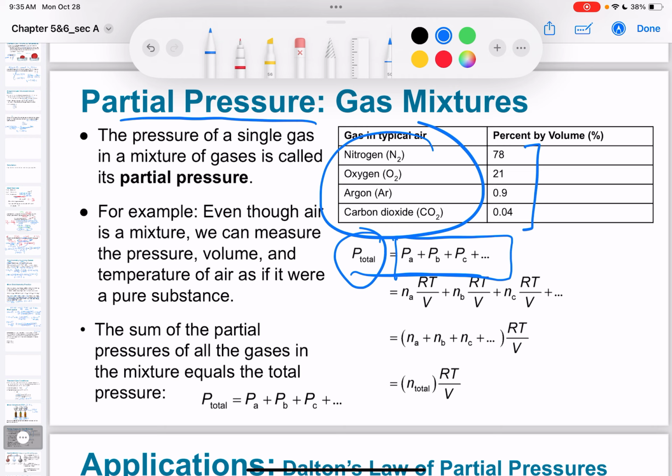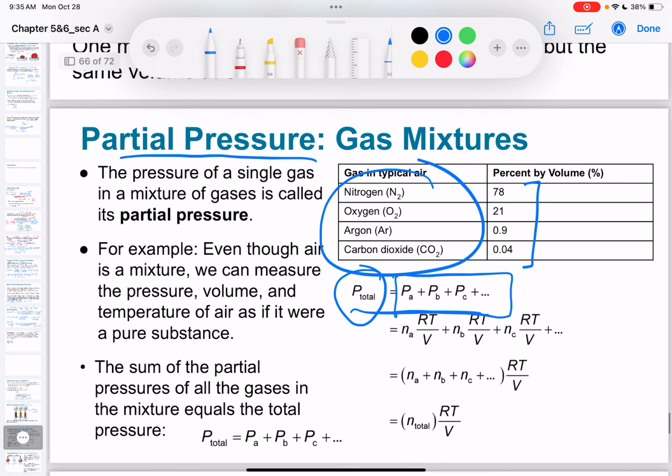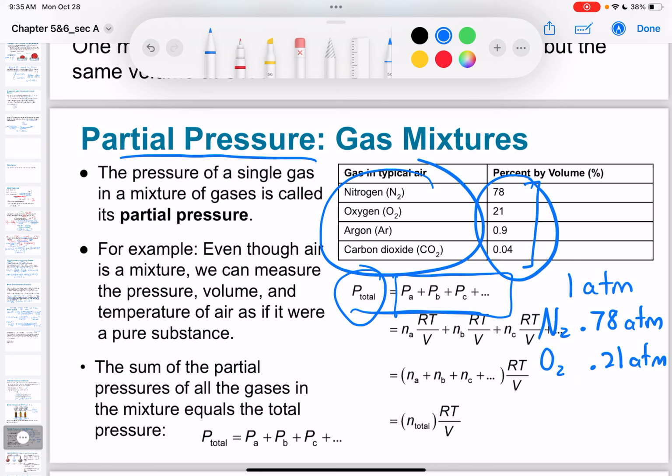Now, this one's given in percentage. Usually we're going to do that in pressure. So, for example, if we had 1 atmosphere, typical atmospheric pressure, we could now say that 0.78 atmospheres comes from the nitrogen and 0.21 atmospheres comes from the oxygen.